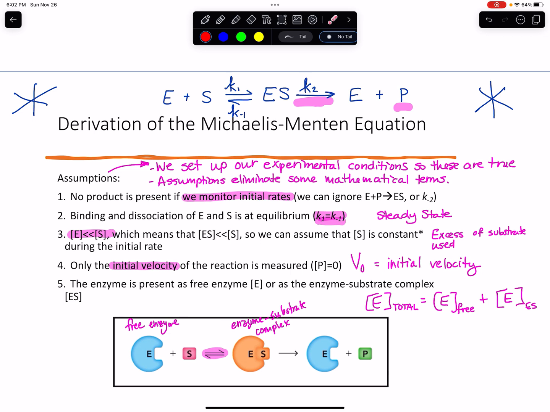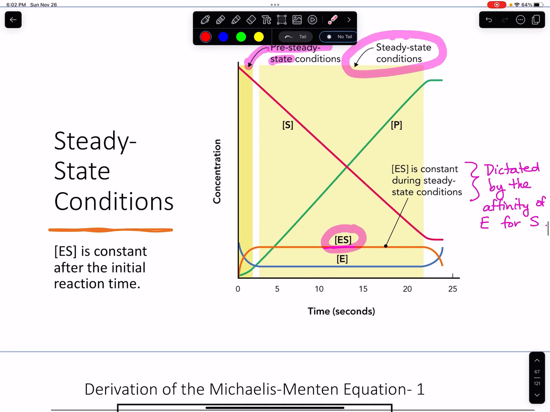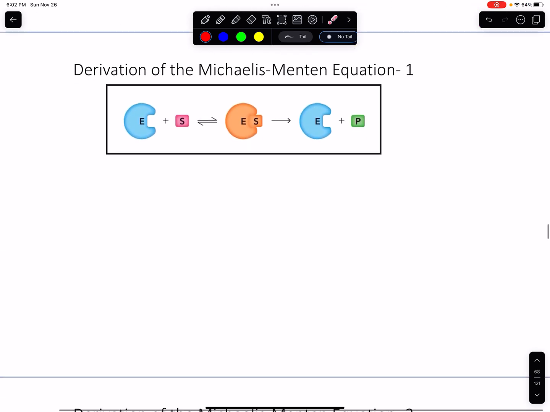All right, so let's get to our derivation. So again, we are going to be deriving the Michaelis-Menten equation by applying these assumptions.